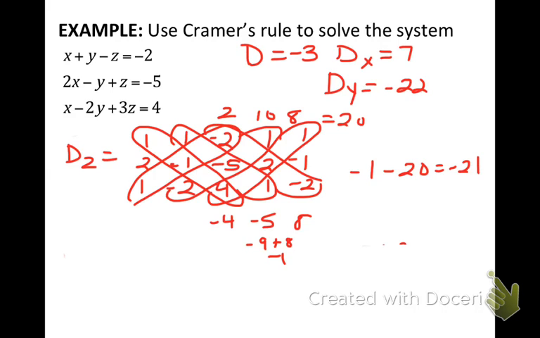To find our z, we're taking our determinant of z, which was negative 21, divided by our d, which is negative 3, which is 7. So our answer: negative 7/3, 22/3, and 7.